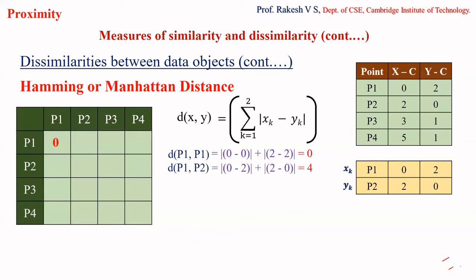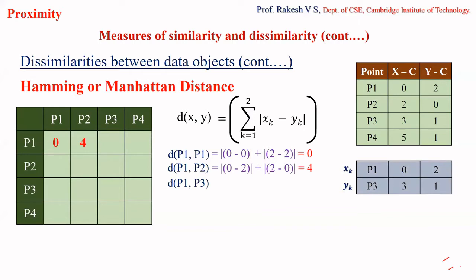Here I'm going to consider the absolute value. What is that absolute value? Whether you have negative or positive, ultimately you consider it as a positive value, correct? So the Manhattan distance or Hamming distance between P1 and P2 is 4, correct?